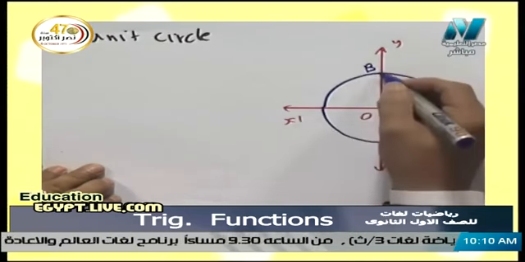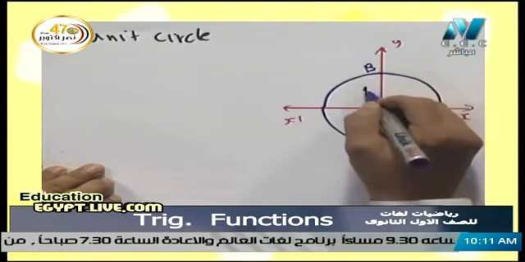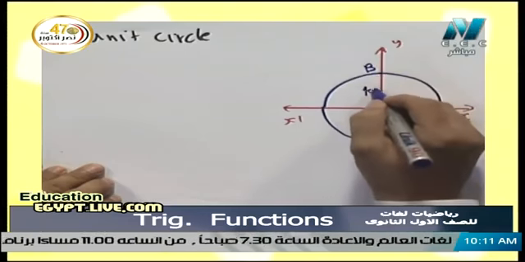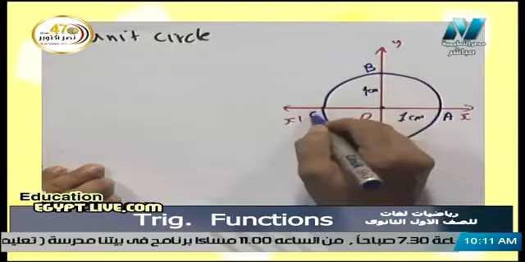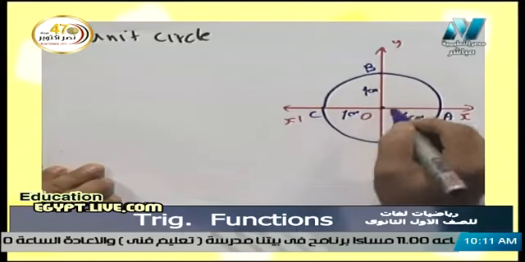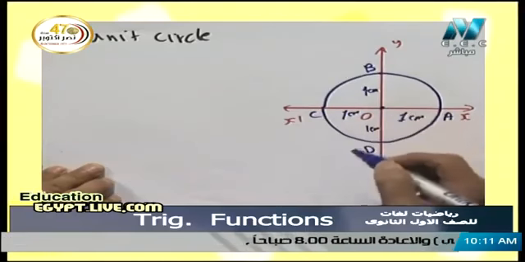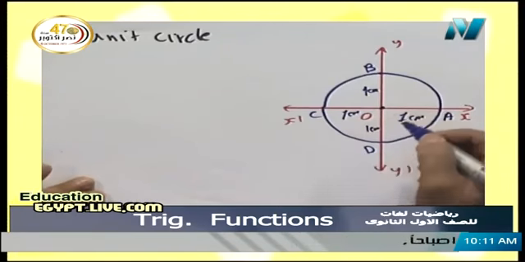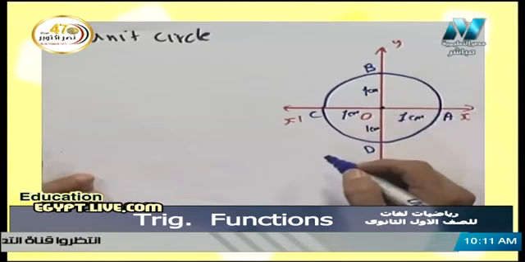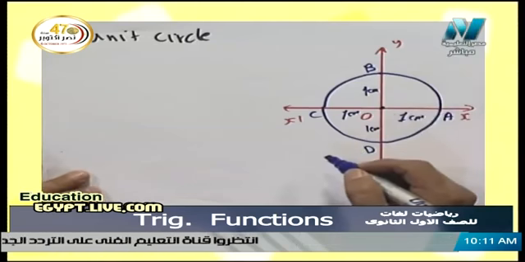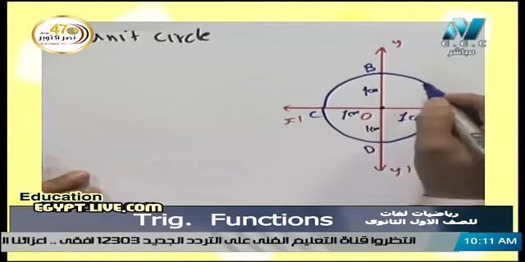If we call this point B, OB will also be 1, and OC equals 1, and OD equals 1 also. So it is a unit circle. A unit circle's radius equals 1, or equals the unit.